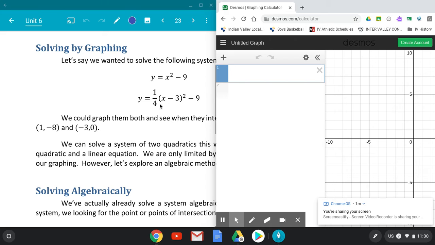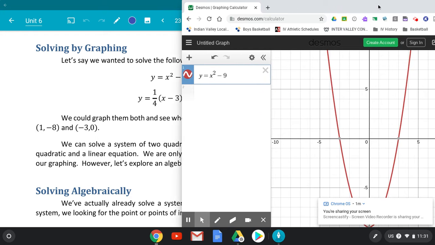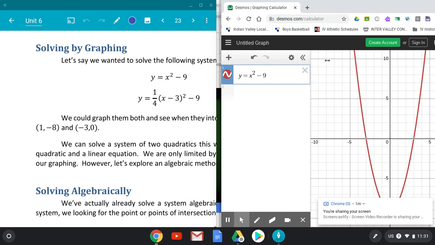All right, so if I'm going to solve this system of quadratics, it's as simple as y equals x squared minus 9. There's my first equation. Then my second equation is y equals, remember when we're putting these into Desmos, we cannot use the f of x.